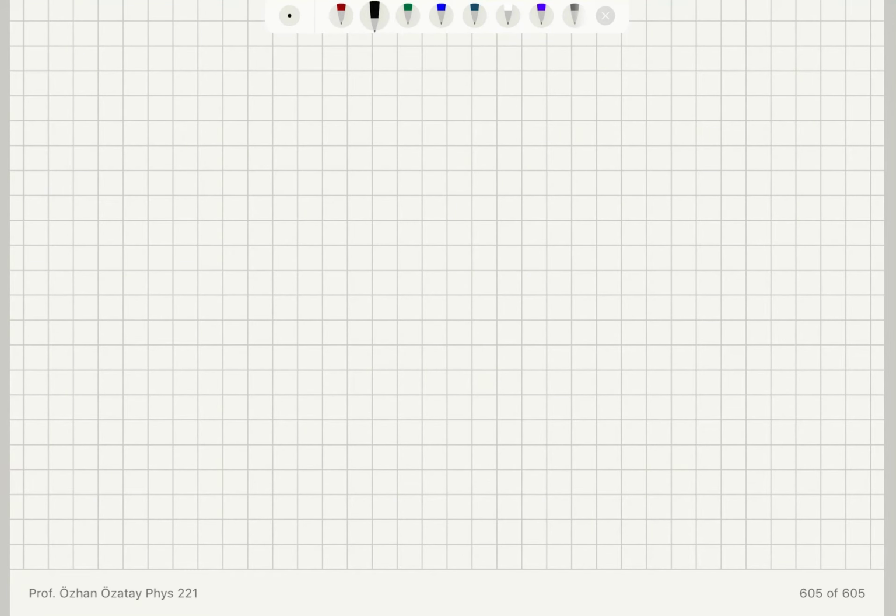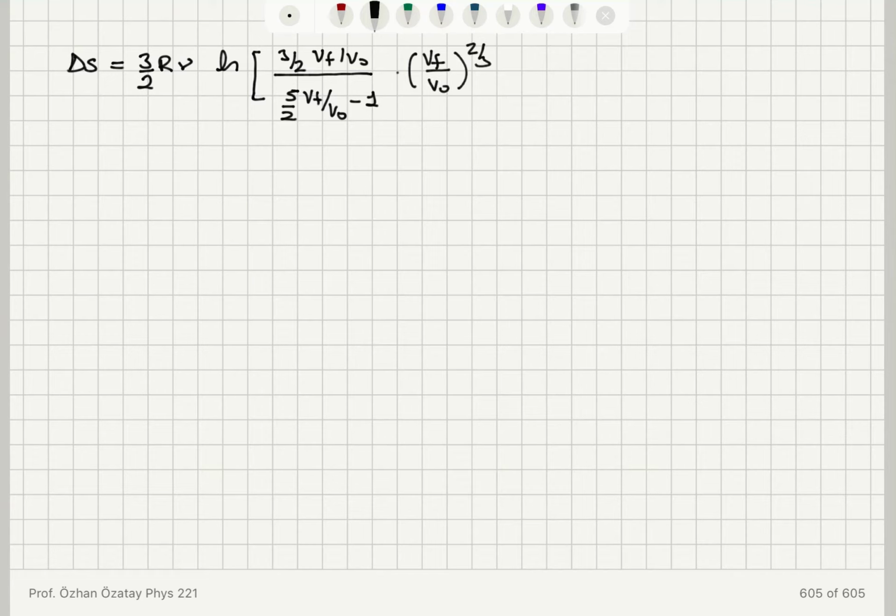And the entropy change becomes, if I substitute for CV, 3 over 2 R, so it's 3 over 2 R nu natural logarithm of T final over T0, which is 3 over 2 V final over V0 divided by 5 over 2 V final over V0 minus 1, multiplied with V final over V0 to the power 2 over 3.